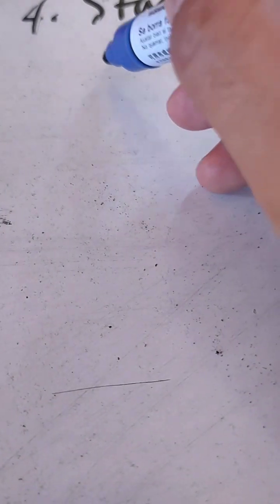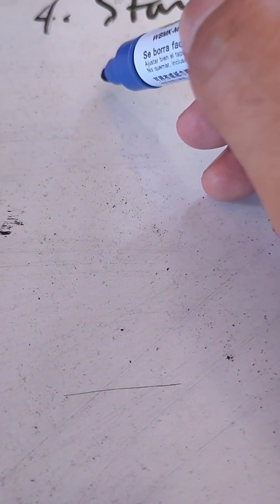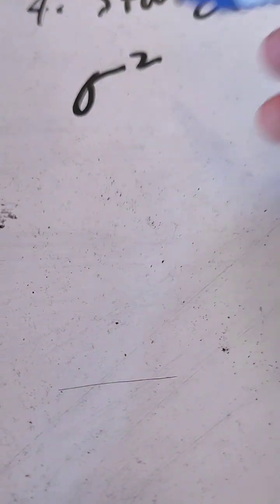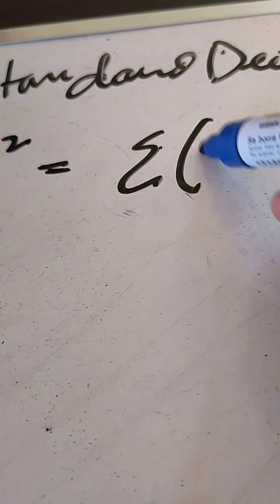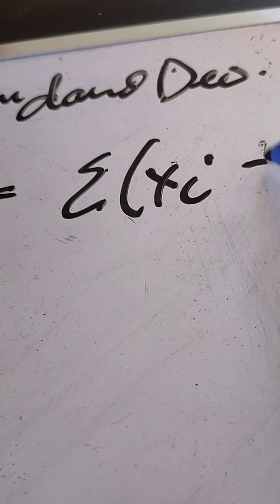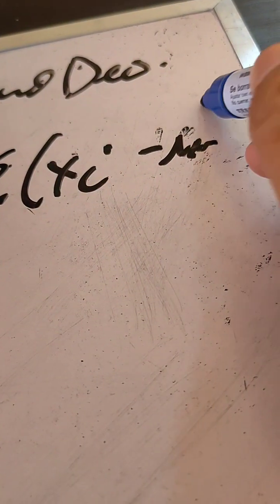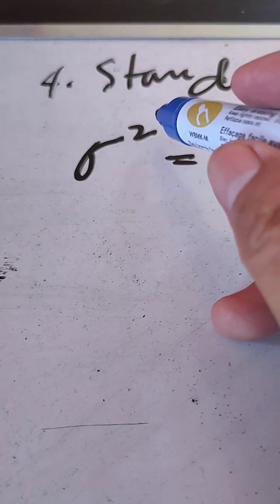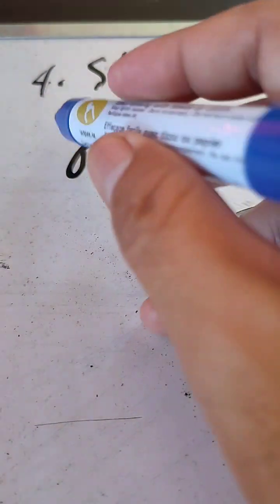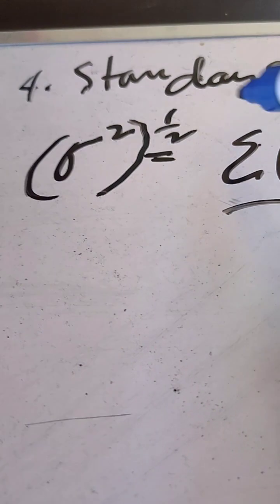The standard deviation you simply obtain from the variance. If the population variance, sigma squared, is equal to the summation of x sub i minus mu squared all over n, all you have to do is raise this to the power of 1/2.